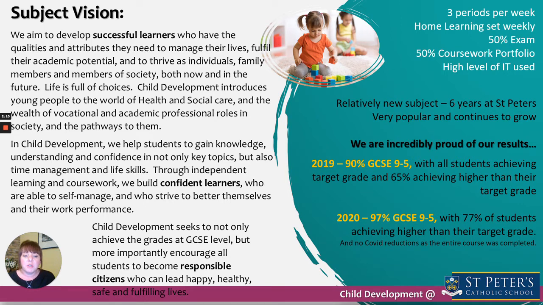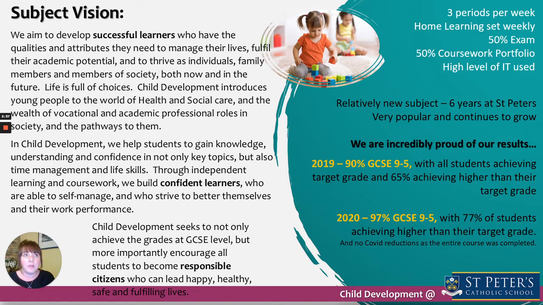The thing I'd like to point out about 2020 is that we had no COVID reductions. So that score of 97% GCSE 9 to 5 is an authentic grade where all students had already done the exam, the coursework was not reduced in any way, they were not incapacitated or disadvantaged, and that would continue to be the trend thereafter. 77% of those students, and there was 47 last year, achieved higher.